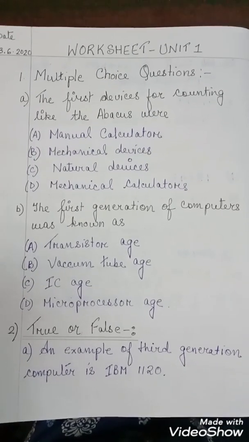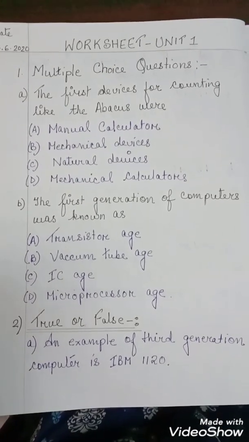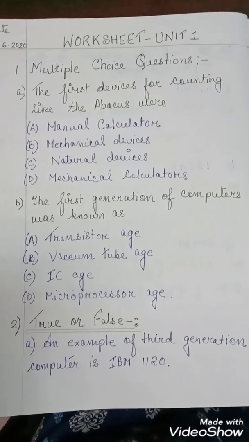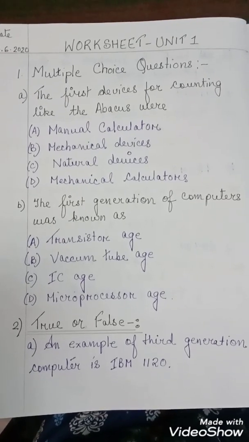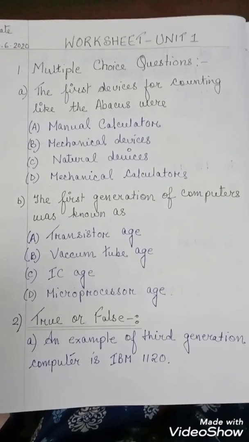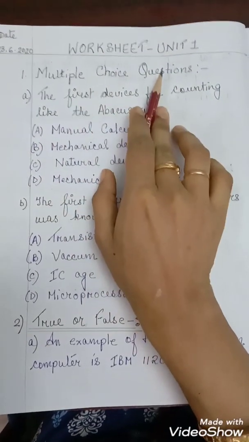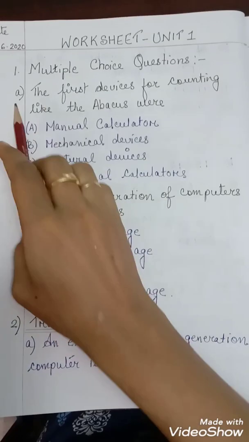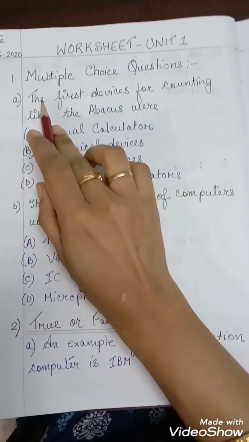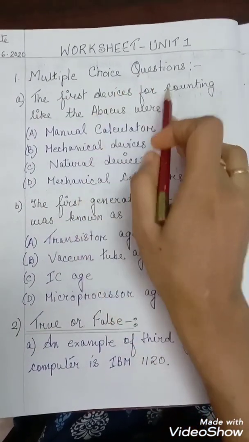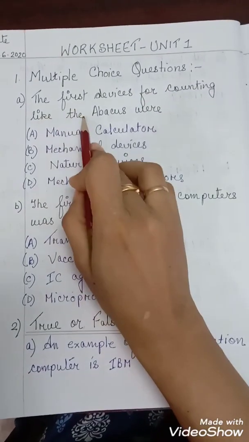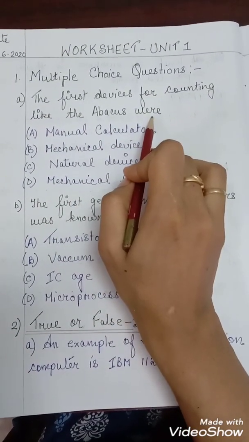So children, let's start worksheet unit 1. Unit 1 means the evolution of computers. In the worksheet, the first question is multiple choice questions. Number A. The first devices for counting like the abacus were.